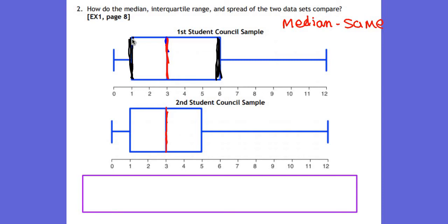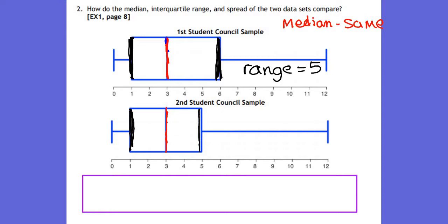Well, what is the range from 1 to 6 on this one? Range is your greatest minus your smallest, which would be 6 minus 1, which would be 5. Okay, my interquartile range of my second graph.